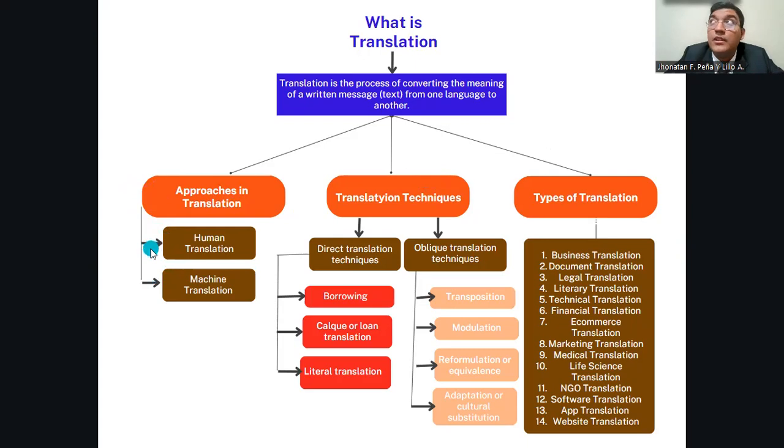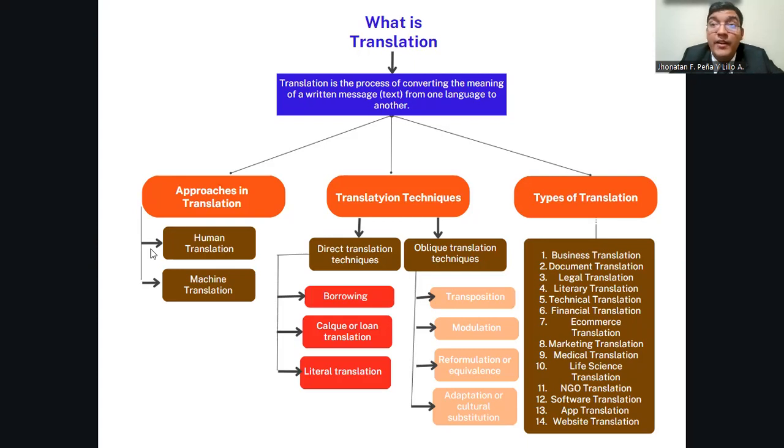So, what's the difference between these two? Human translation uses a human translator, and the advantage of human translation is that the translators understand the real meaning of the message.